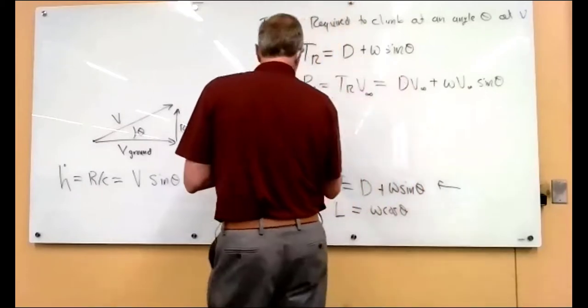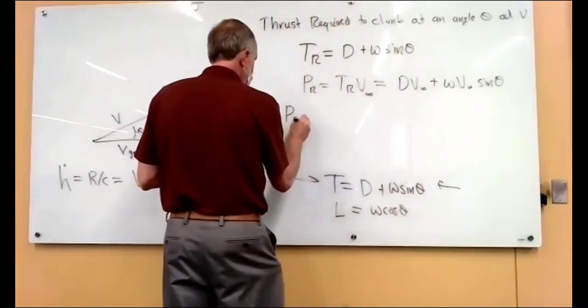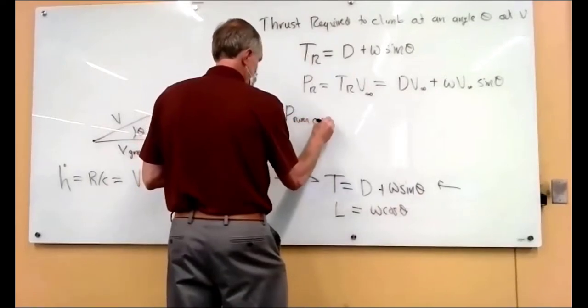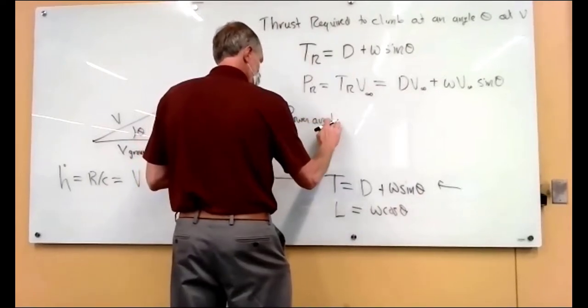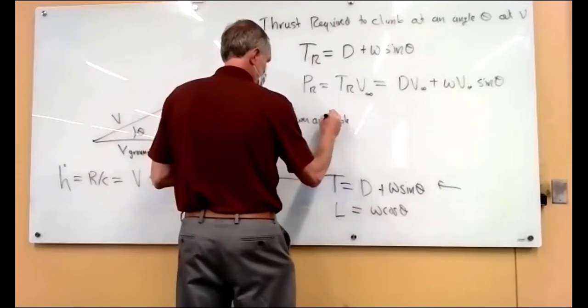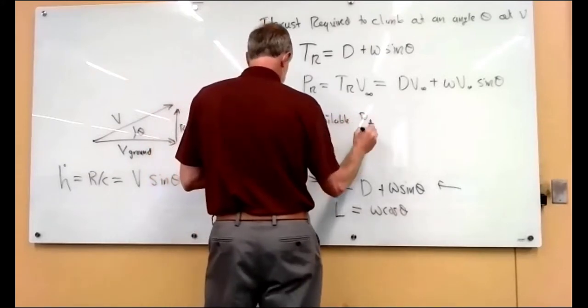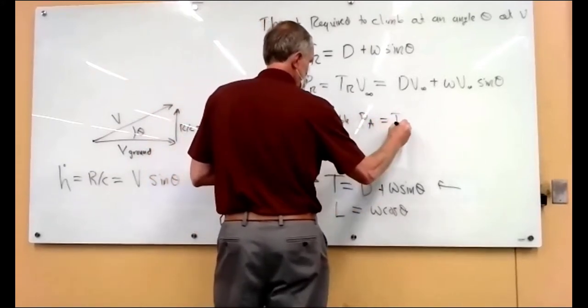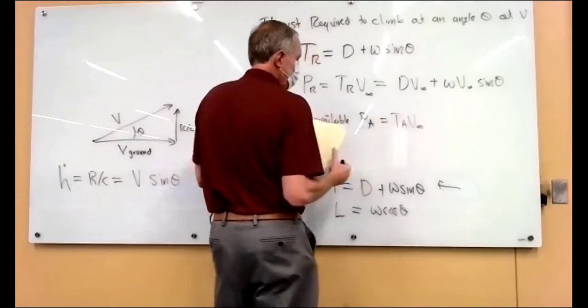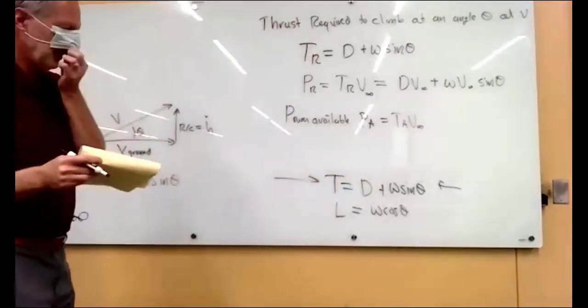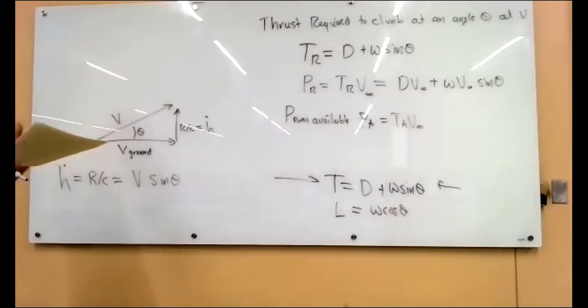And then we know that we have a certain amount of power available. Either directly calculated, or if it's a jet, it's thrust available times V infinity.